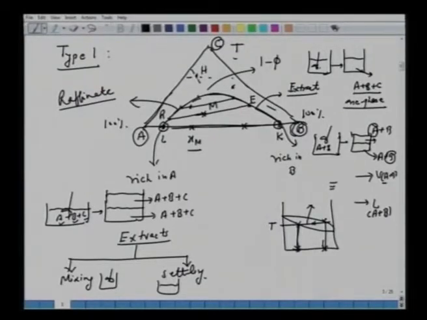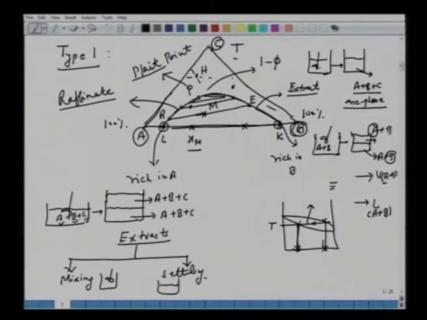Typically there is a point here called P, which denotes the plait point. It's a point where there is no tie line anymore. This is the limit of this separation. After this there is another tie line here.